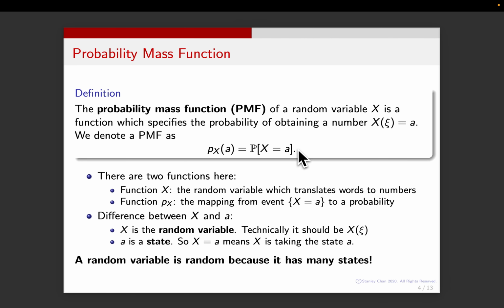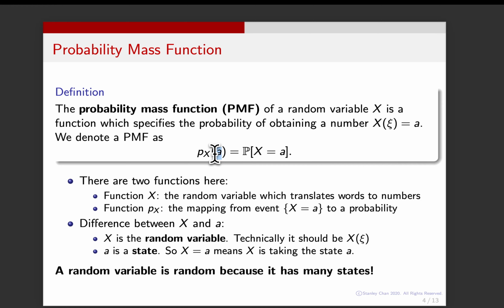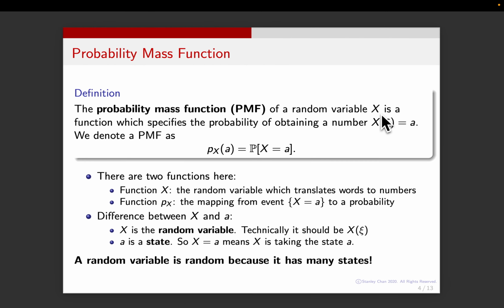In our previous example, let's say a equal to 1, which is probability of X equal to 1. Corresponding to that, you had the events HT and TH. Corresponding to that, P_X was what number? 0.5. So we want to assign the probability of obtaining this number a, which is the state of the random variable.